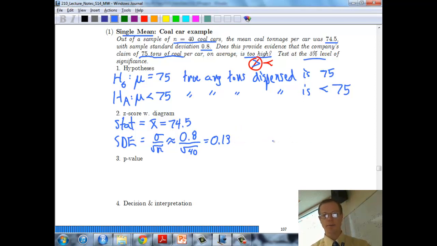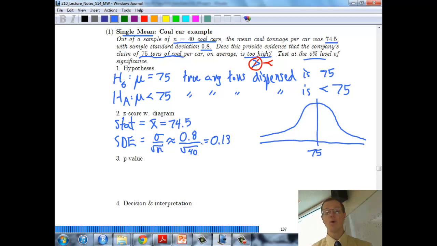That's good. Let's set up the curve, and I need to be getting you guys out of here, so let's do this guy here. Null distribution, 75 is the claim, right in the middle. We wind up with 74.5, so I'll stick that over here on the left. I have the mean distribution, z-score distribution. So the z-score for 75, that's what I'm after.